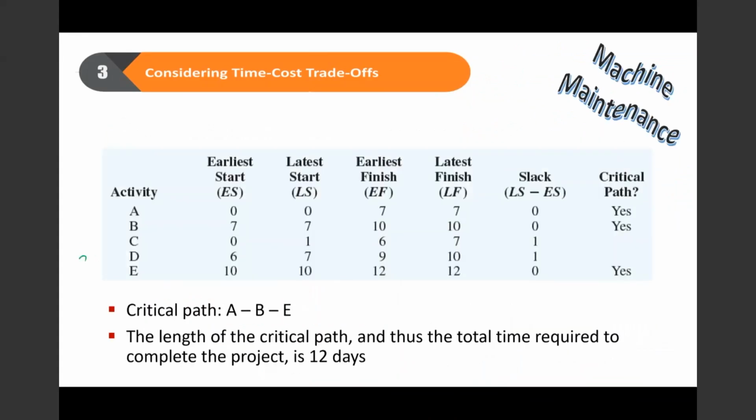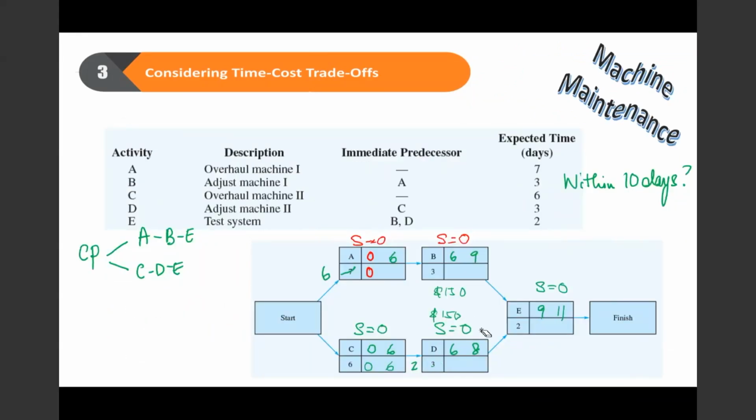Now I want to crash activity E. So this was 6 and 9. I don't crash here. So this is 6 and 9. Okay, 9, but instead of 2 days now, this becomes 1 day and this becomes 10.